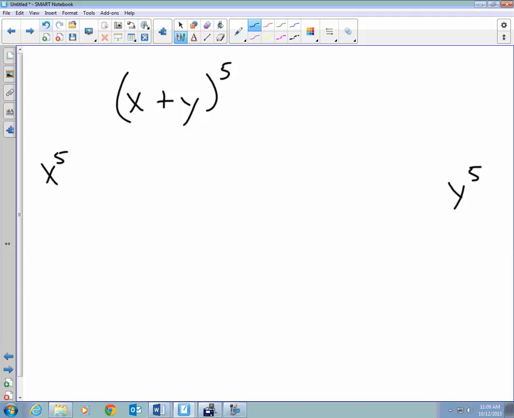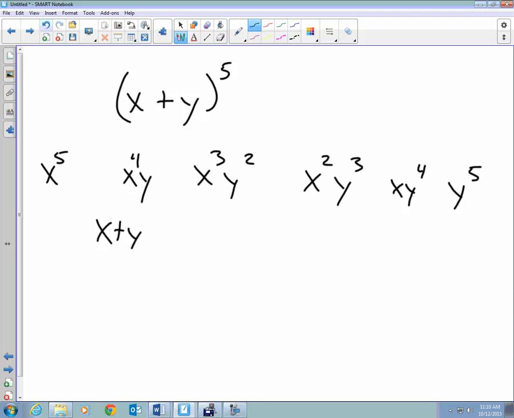So you'll get, no, don't even think about the triangle yet. You're going to get x to the fourth and y. You're going to get x to the third and y squared. You're going to get x squared and y to the third. You're going to get x, y to the fourth, right? Your y's increase by 1 each time, and your x's decrease by 1 each time. That's just the nature of the expansion.